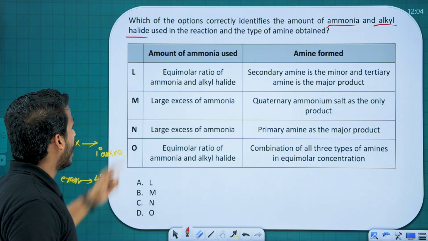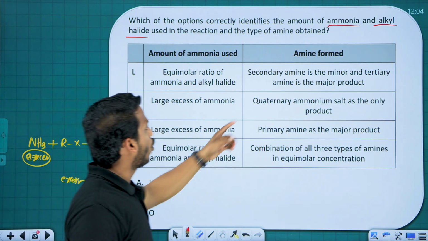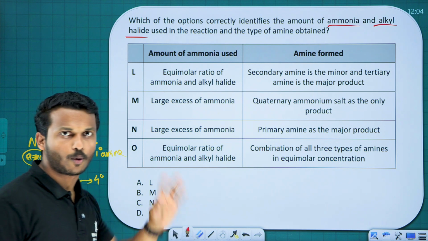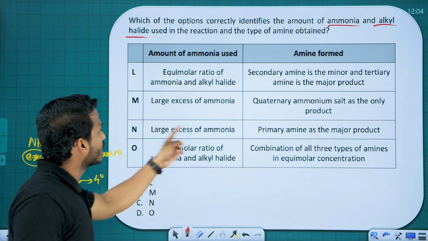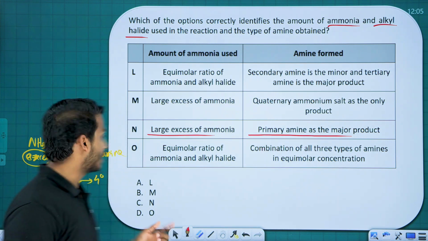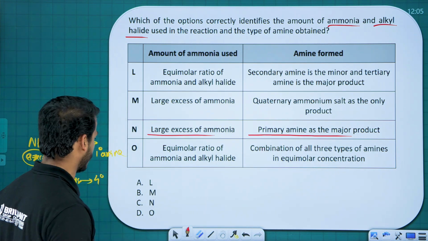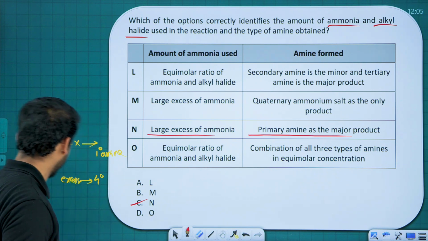No. Large excess of ammonia, quaternary ammonium salt is the only product? No. Large excess of ammonia, primary amine. Yes, excess ammonia in the beginning gives primary amine as the major product. So that will be the answer.